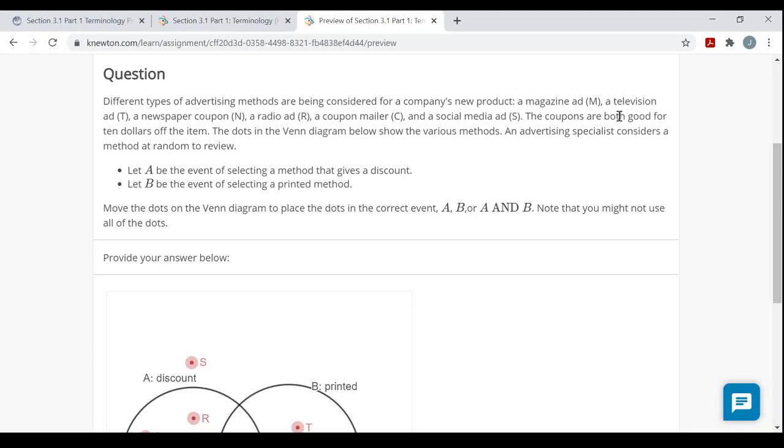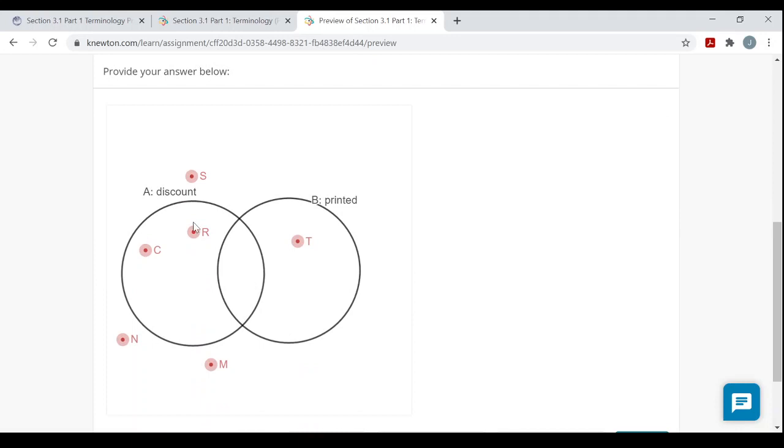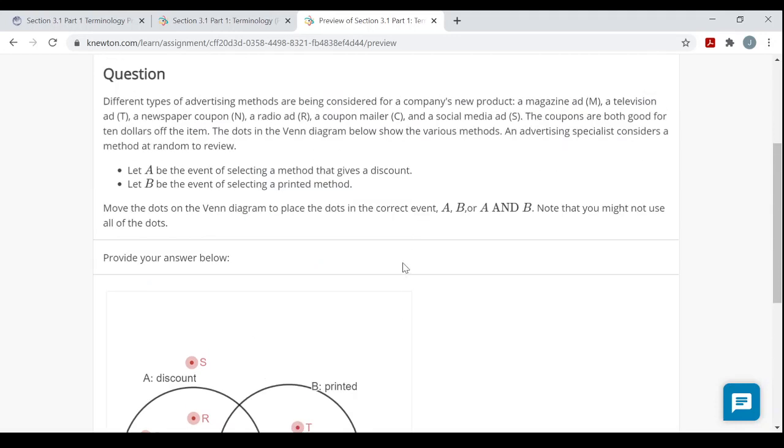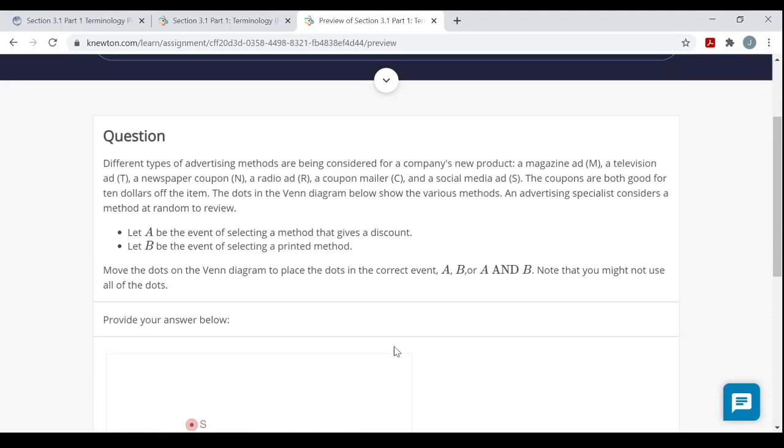The coupons are both good for $10 off. So the newspaper coupon N gives a discount, and the coupon mailer C gives a discount. So in this discount area, I'm going to make sure that N and C are in there. That's the event A. And then event B is printed, right?